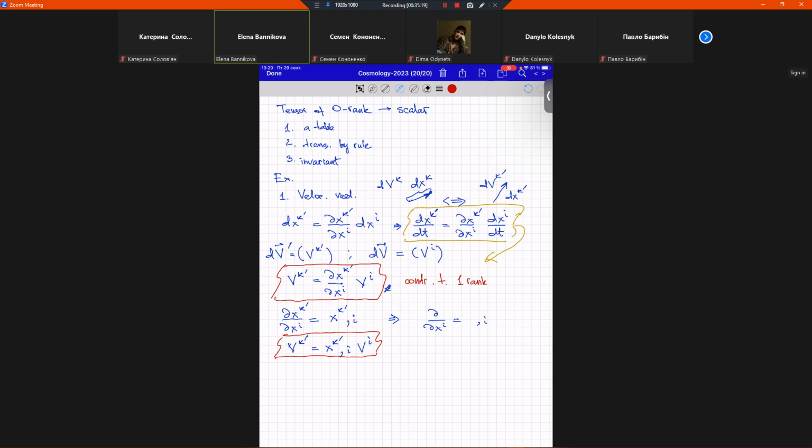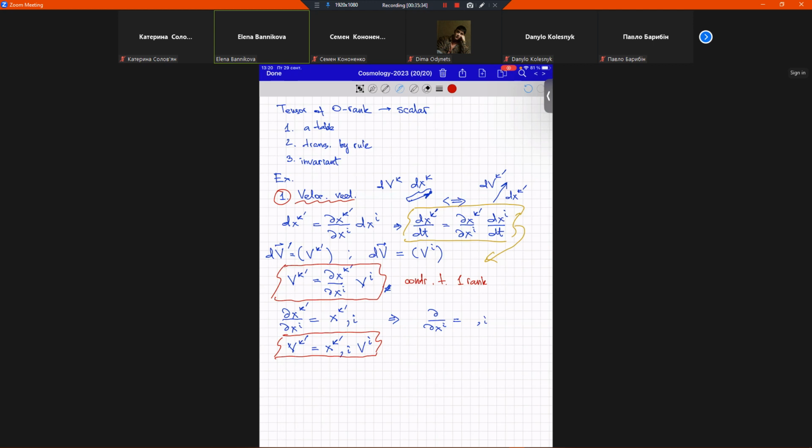This is the velocity vector. So we can see that it transforms as a contravariant tensor of the first rank.